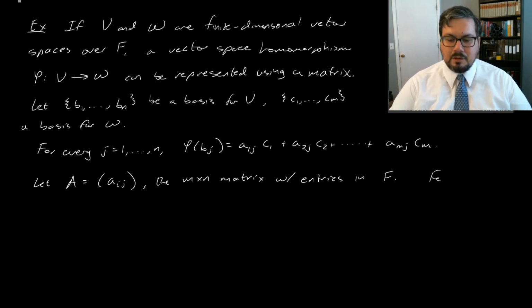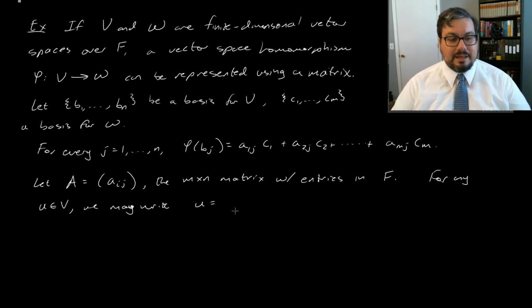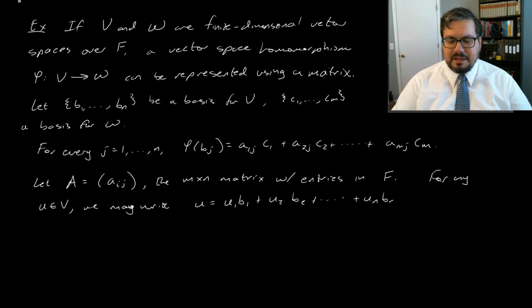Now, for any element u in V, we may write u as a linear combination of the b's. So it's going to be u1 b1 plus u2 b2 plus dot dot dot plus un bn.